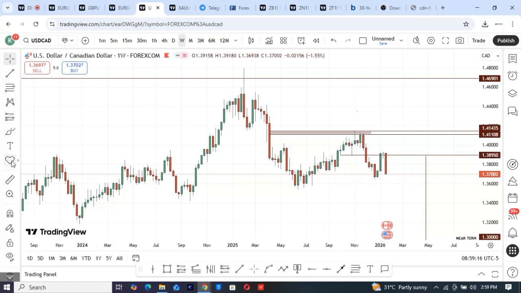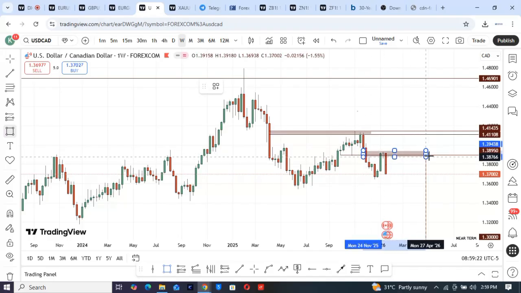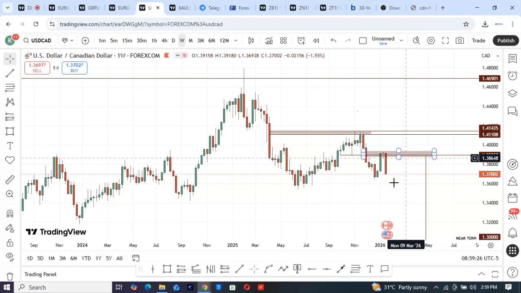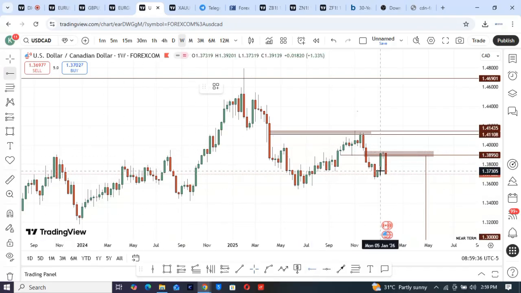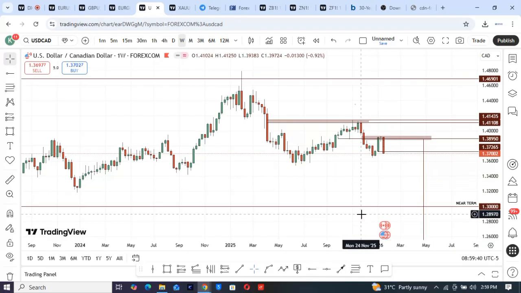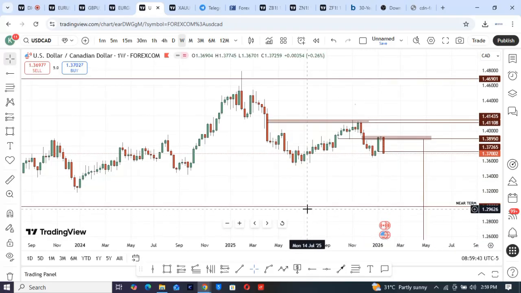So I'm going to delineate that. From here, we want to see price go lower. Most likely we see support from this beefy candle, and we see resistance from this beefy candle here, acting as a bearish order block to send price lower for card, targeting the near term over here at 1.3 big figure.